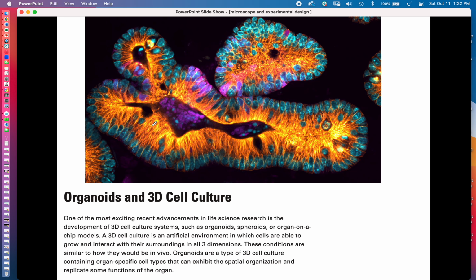And so light sheet is getting very common because scientists are having a lot of success growing in a dish what are called organoids. For example, a scientist can grow a little tiny kidney organoid in a dish. So they can take stem cells and grow them in a dish and then convert those stem cells into an organoid.